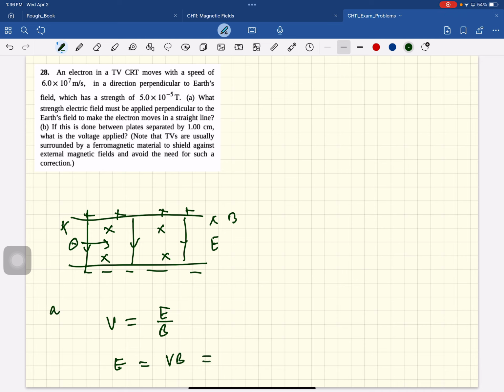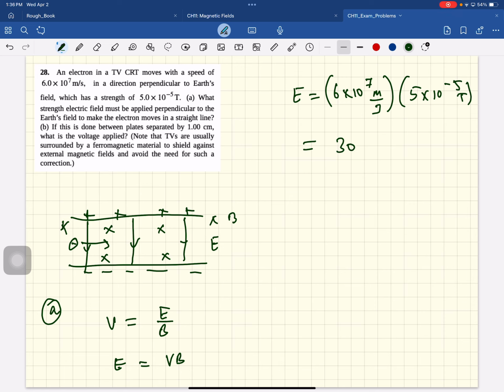So part A, V, the velocity of the electron, is 6 times 10 to the 7 meters per second. And B is 5 times 10 to the minus 5 Tesla.